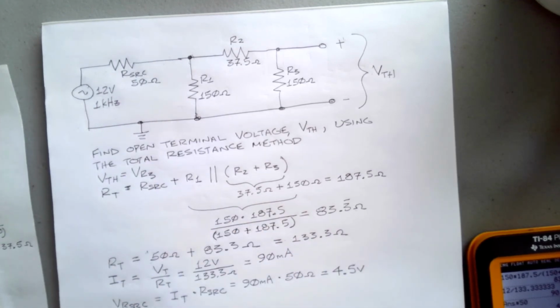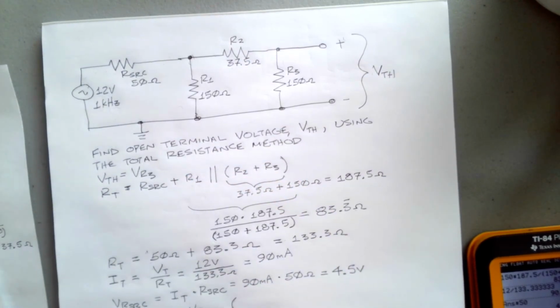So VR1 is equal to V total, I guess we've been calling it V source, whatever you want to call it, minus VR source. And that's Kirchhoff's voltage law again.